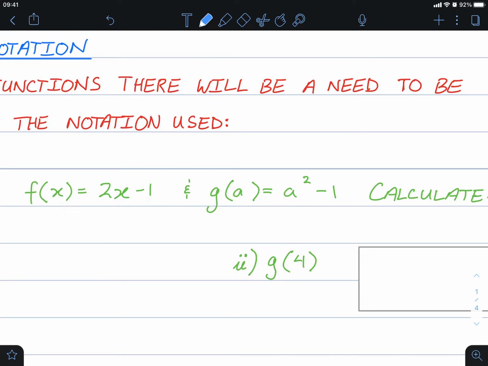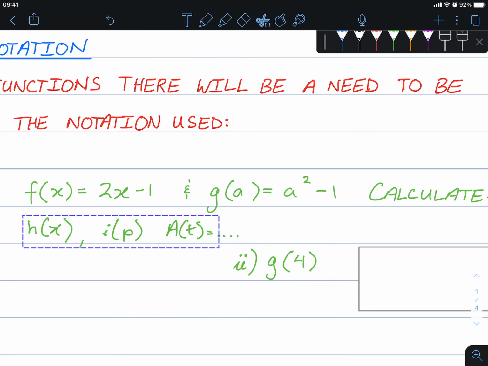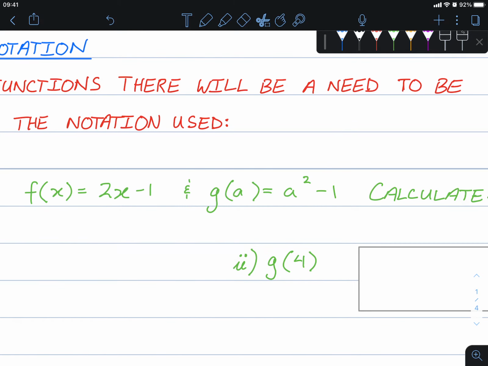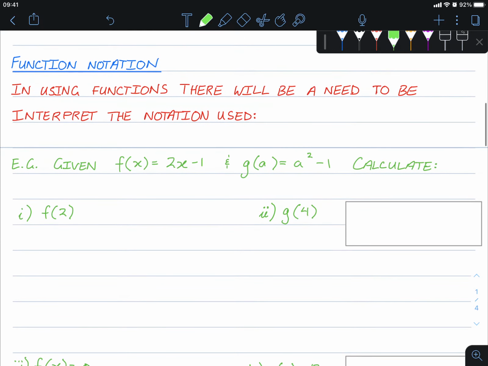We could use h of x, we could have used i of p, we could have used a of t, etc. It's merely a notation for the function. But the more important notation that we need to understand is the following.